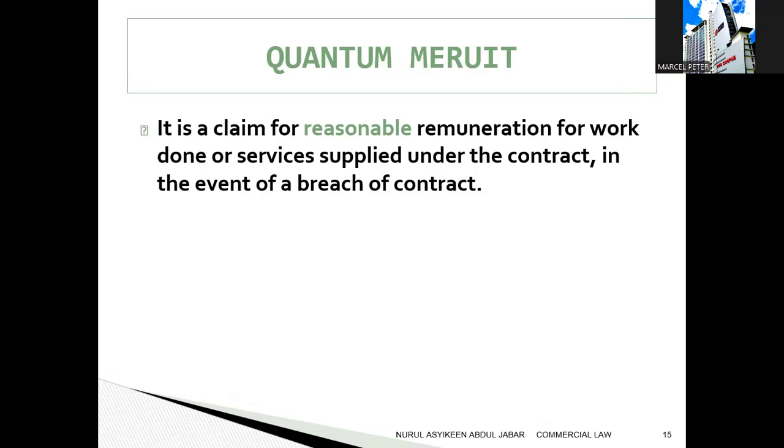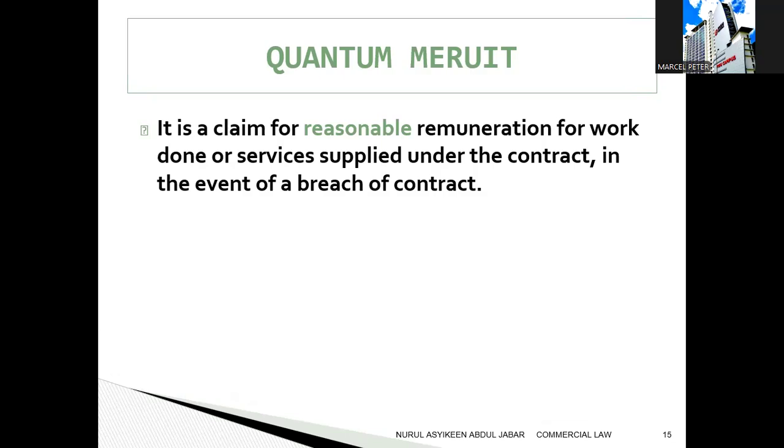Now, quantum meruit means a claim for reasonable payment for work done or services already provided, even though the contract is not fully completed due to a breach. In simple words, it allows a person to be paid for the work they have already done, not based on the contract price, but based on what the work is reasonably worth.